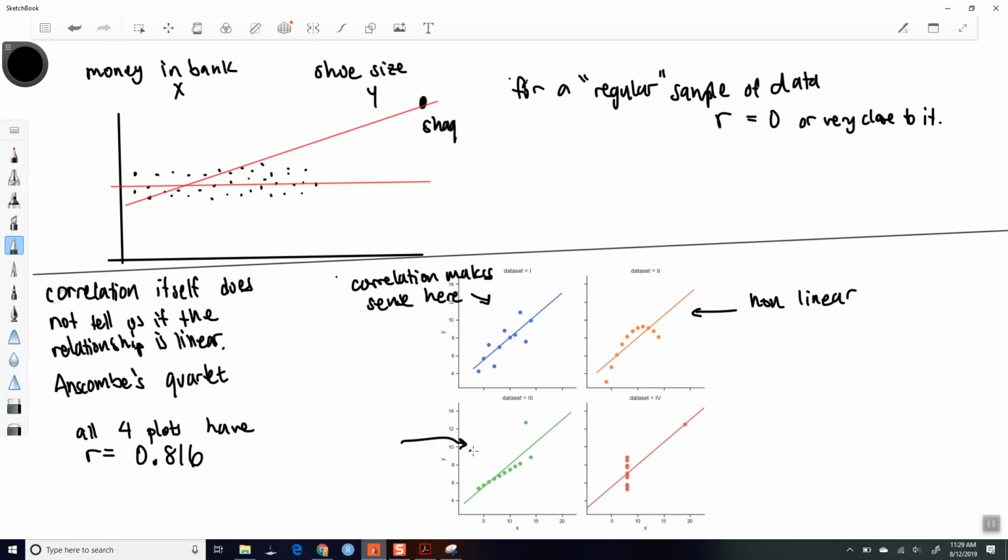Here, it probably should be a straight line, but you've got one outlier, right? It should have a straight line with r equal to 1, but the outlier throws it off.